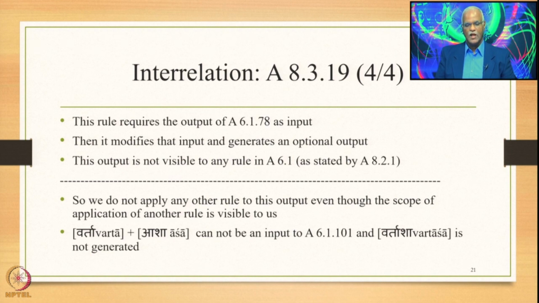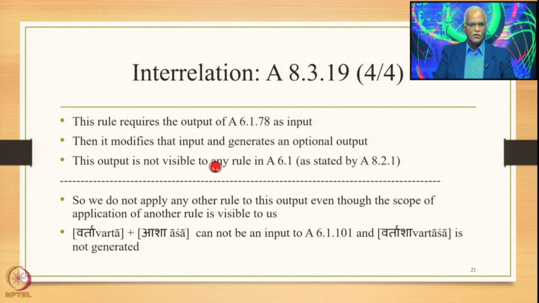8.2.1. So what do we do? We do not apply any other rule to this output of 8319, even though the scope of application of another rule is visible to us. That scope of application is not visible to the other rule within the system as per the systemic rule 8.2.1.